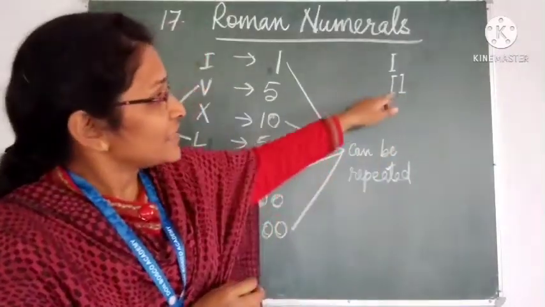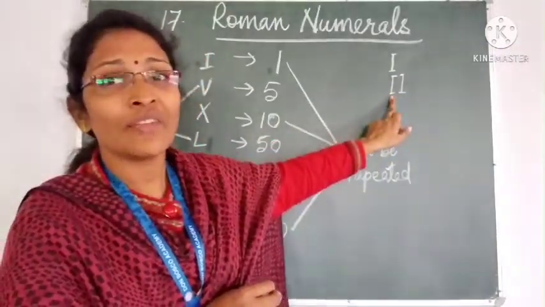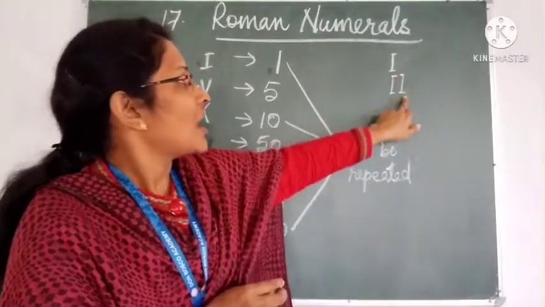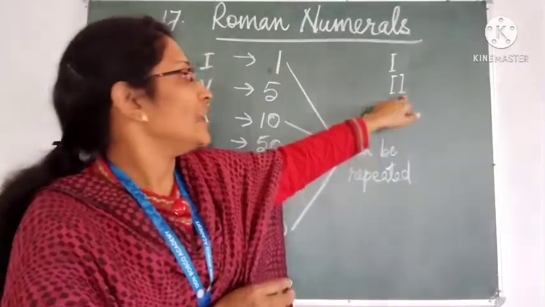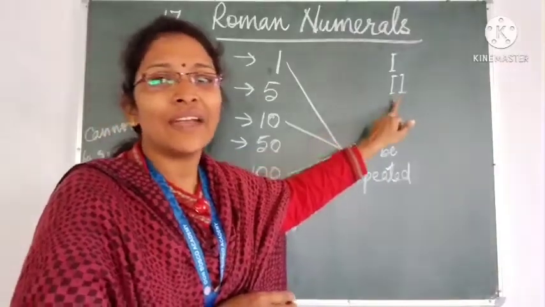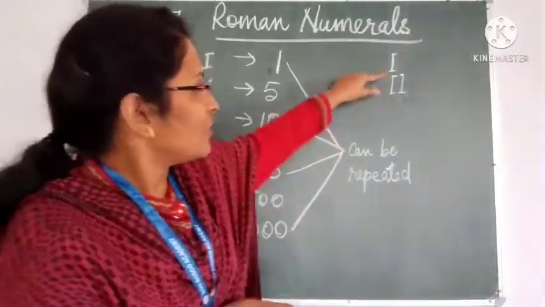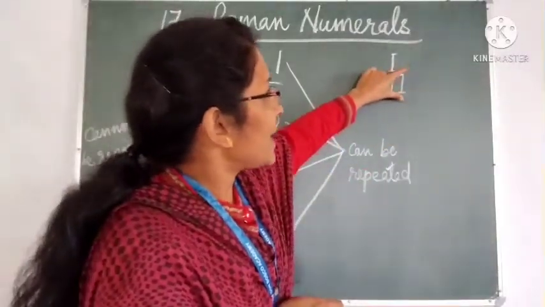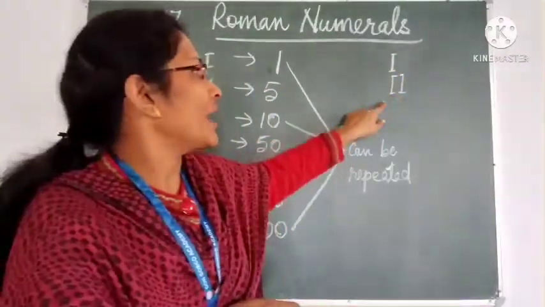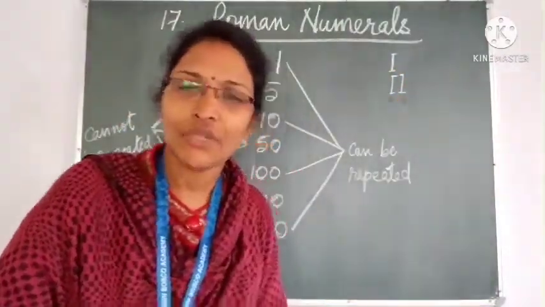It means when you write a smaller value numeral after a numeral, its value is added to the first number. Here 1 is written and you are adding 1 more to that. 1 plus 1 is 2.